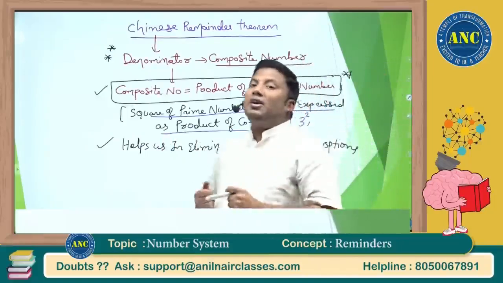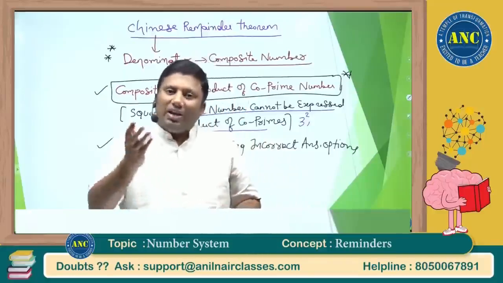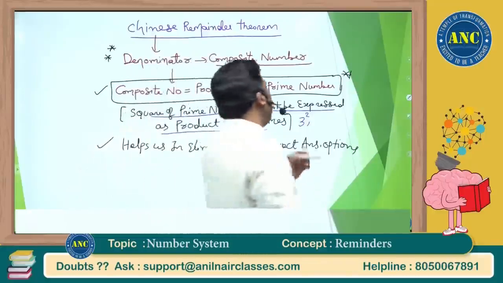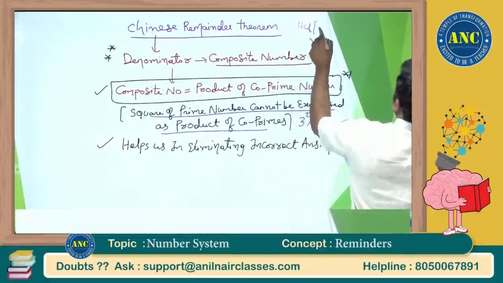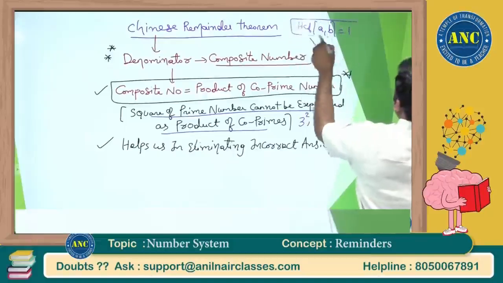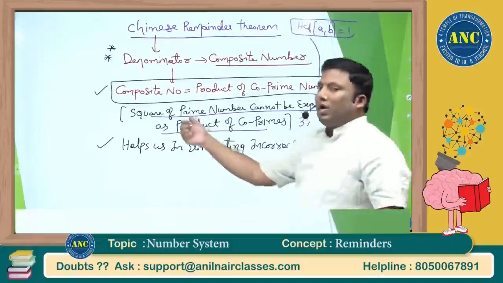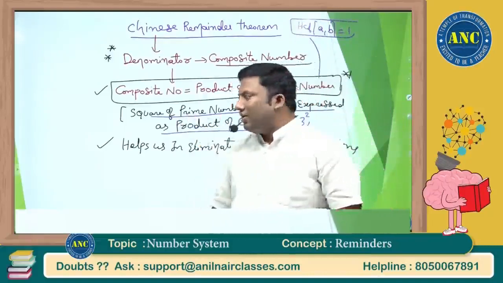Take 9. In how many ways can you write 9? 1 into 9, 3 into 3. 3 and 3, HCF is 3. What do you mean by coprime numbers? Coprime numbers, HCF is always 1. Square of a prime number, 3 square, 5 square, 7 square, 11 square.